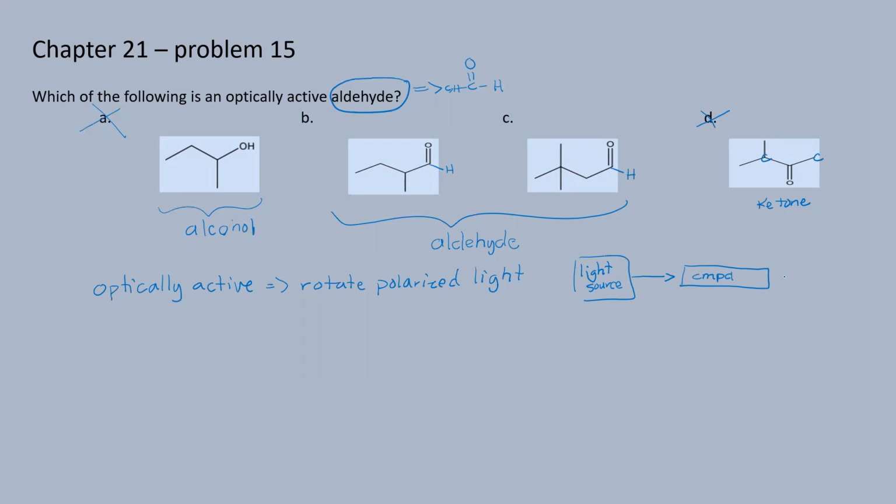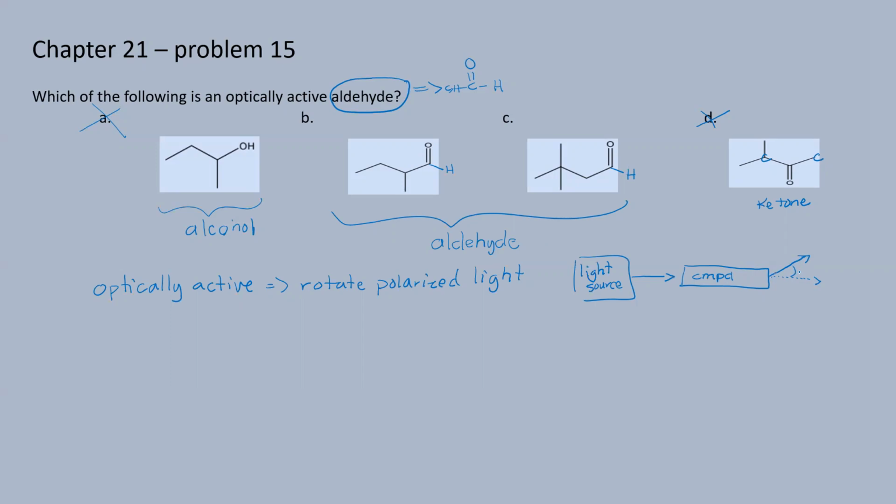If it doesn't rotate it, you would expect the light to come out the exact same direction that it went in. But if it is an optically active compound, the light will come out at a different angle. So it is considered being rotated.